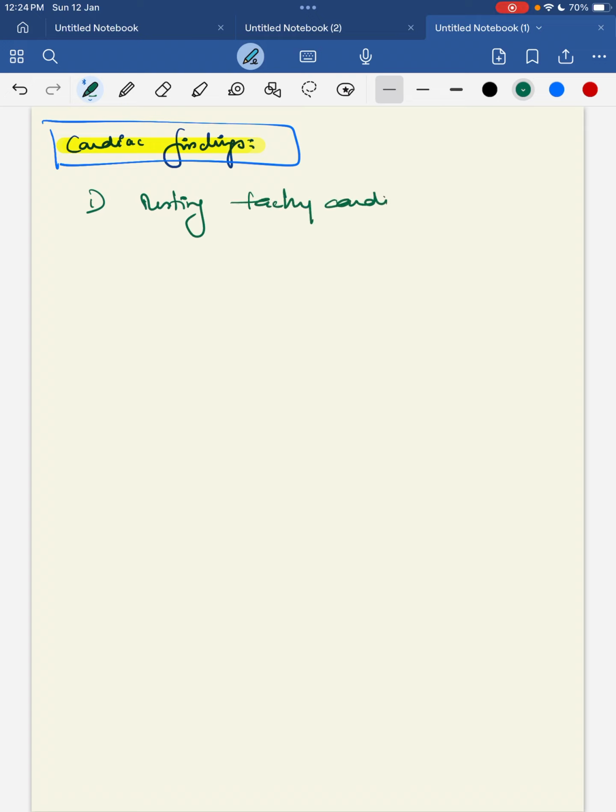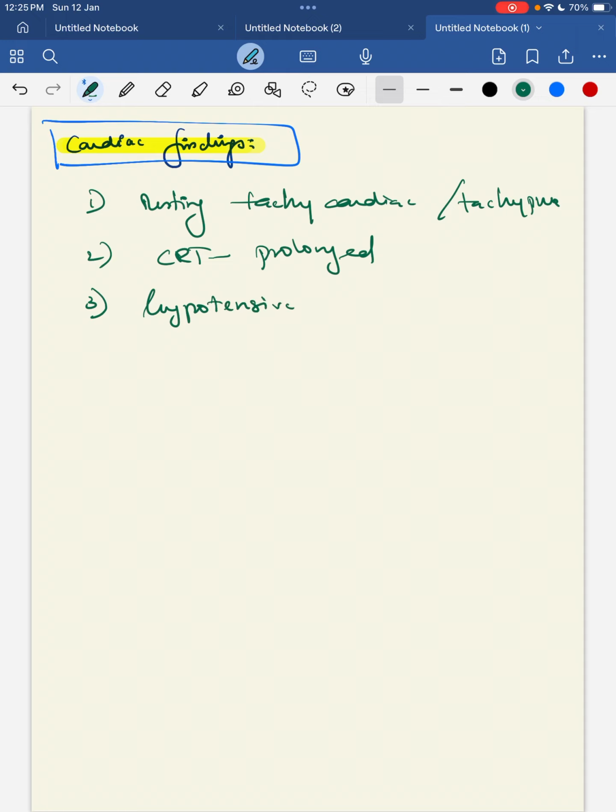Sixth, the child will have a soft S1 and variable S2, and S3 will be present, that is you will be hearing a gallop. The child can have a low intensity systolic murmur because of mitral regurgitation. So these are the features of what? Cardiac failure. The same thing will be present here.